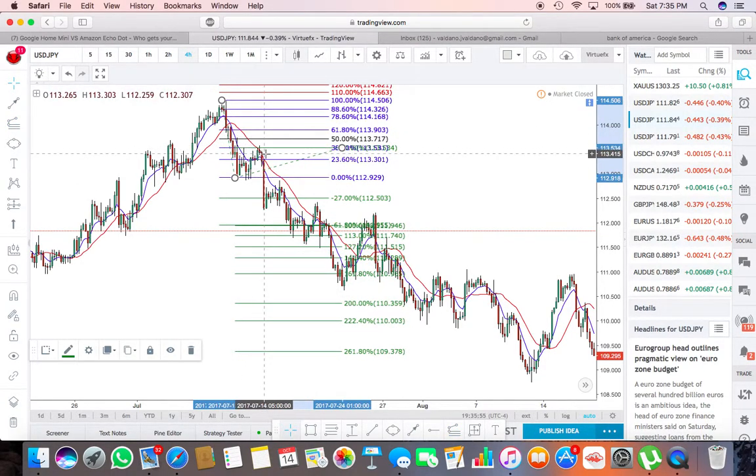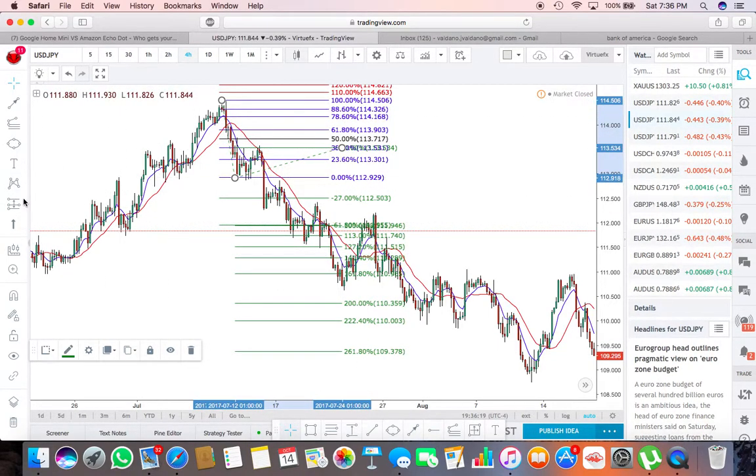When the market reaches 38.2, the point D is going to be at 261.8%. If you enter right here, your take profit for long-term trading will be right there at 261.8%.